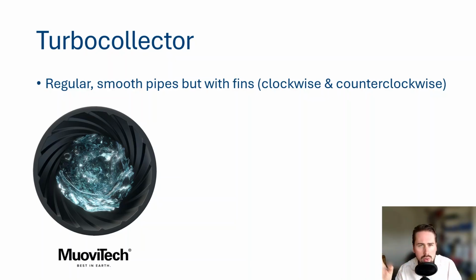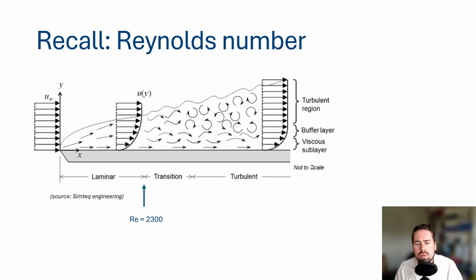Now, we already talked quite a lot about turbulence in previous articles and videos, but just as a recap, turbulence says something about how easy it is for the fluid to transfer heat to the environment, to the pipe, and it's described by the Reynolds number, which is also related to fluid properties, but mostly to the flow rate.